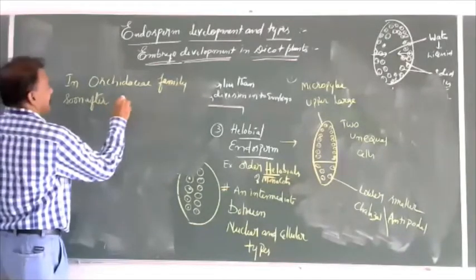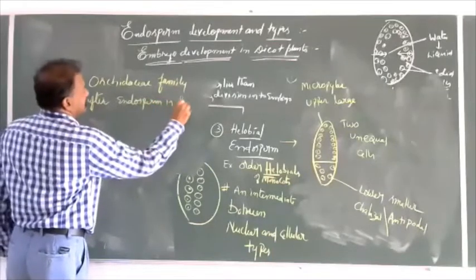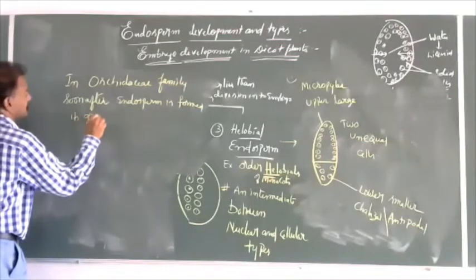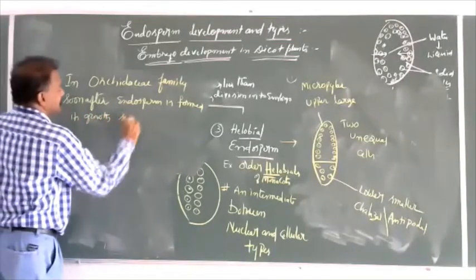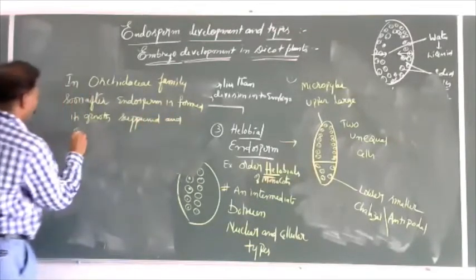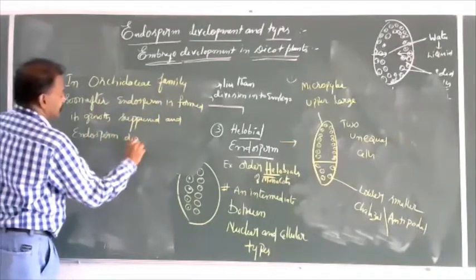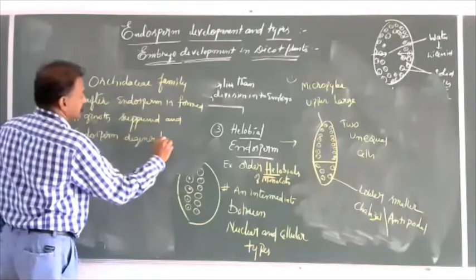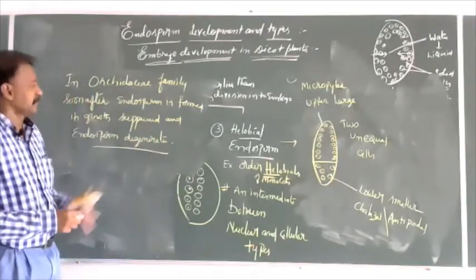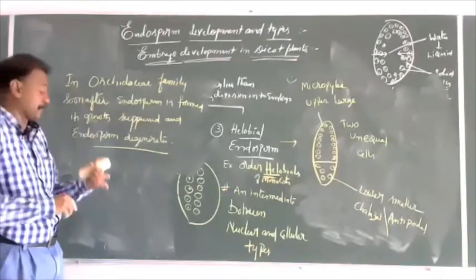Soon after endosperm is formed, its growth is suppressed and endosperm degenerates. So endosperm is from the beginning completely absent or not formed at all.